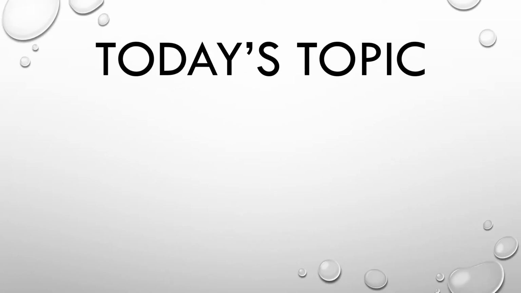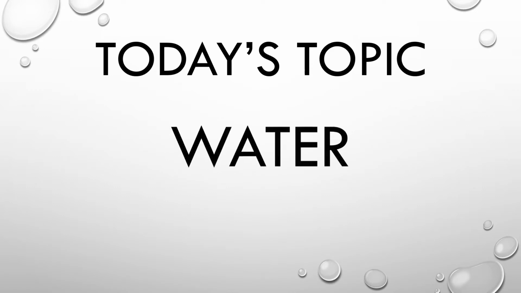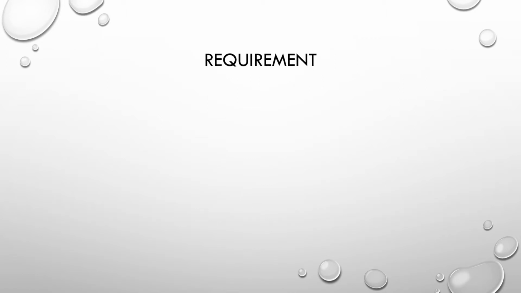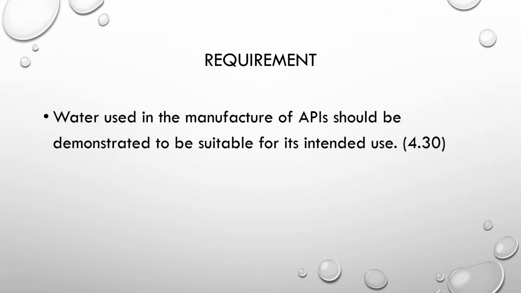Today's topic is water as per section 4.3 of ICH Q7. Let us see what the requirement is. The guideline under section 4.30 prescribes water used in the manufacture of APIs should be demonstrated to be suitable for its intended use.